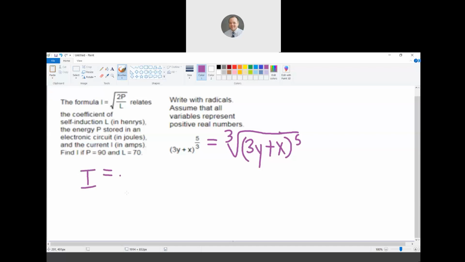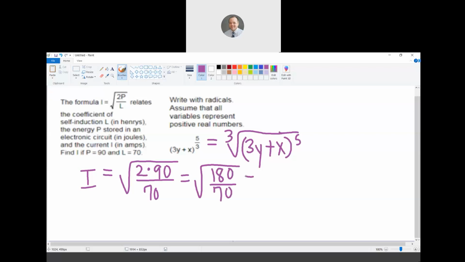In your formula, plug in P and L. So P is 90 and L is 70. So we have the square root of 180 over 70. You can just put that in your calculator exactly like it is.